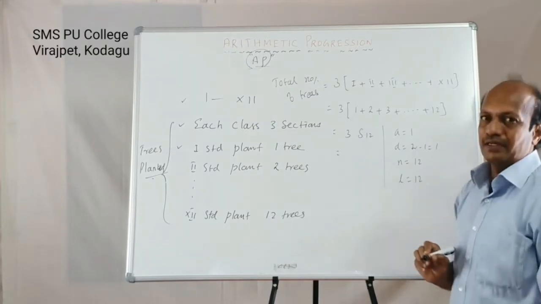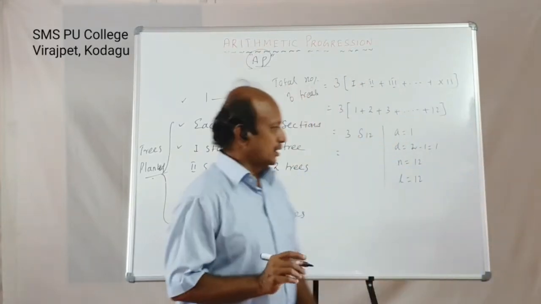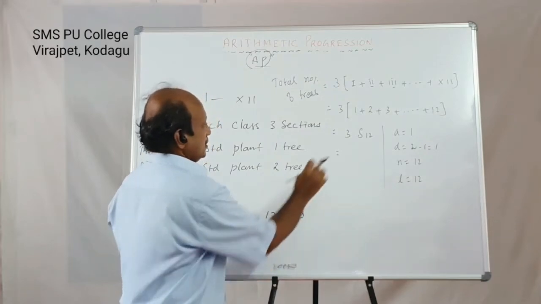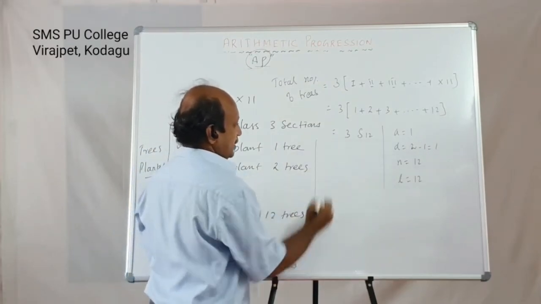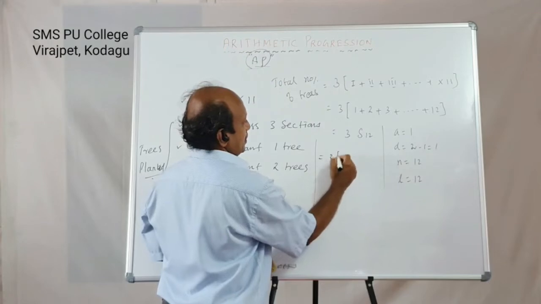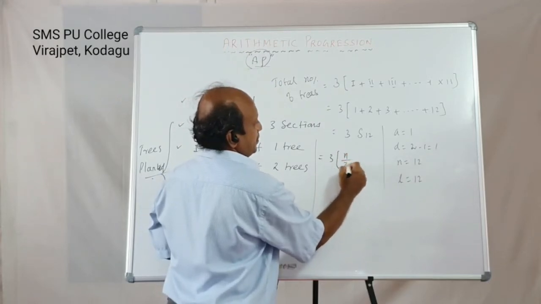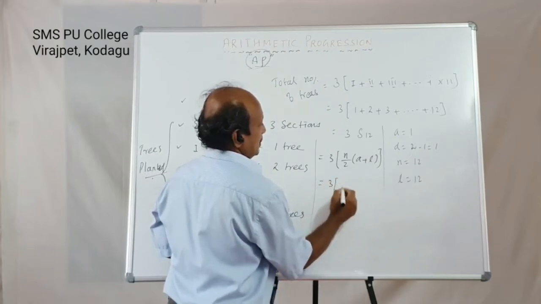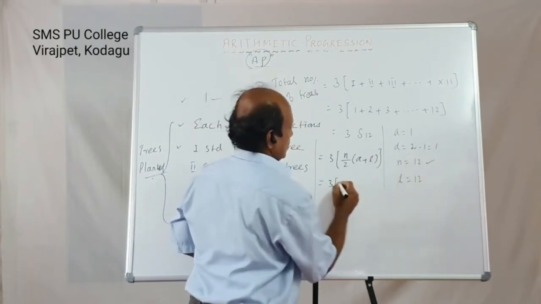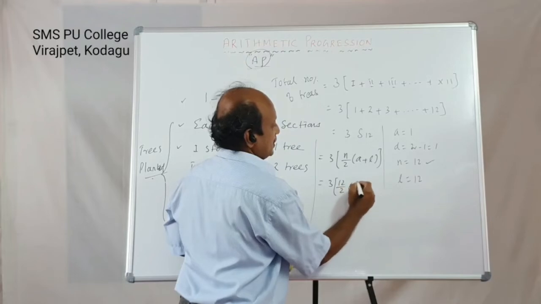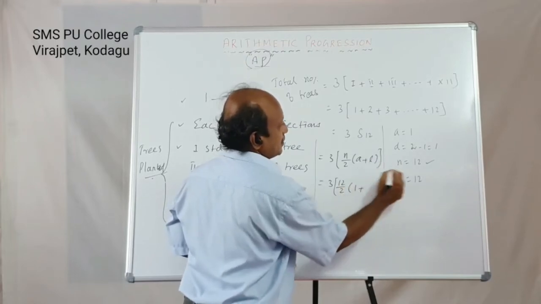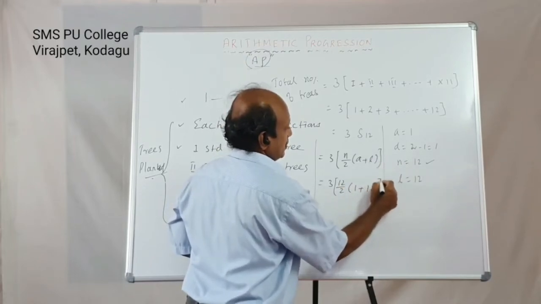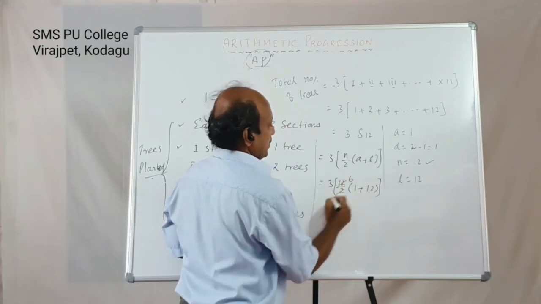Now we have to find the sum of all these, which is 3 times N by 2 of A plus L. What is N? N is 12. 12 by 2. What is the value of A? 1. What is the value of L? 12. Now we can simplify it.